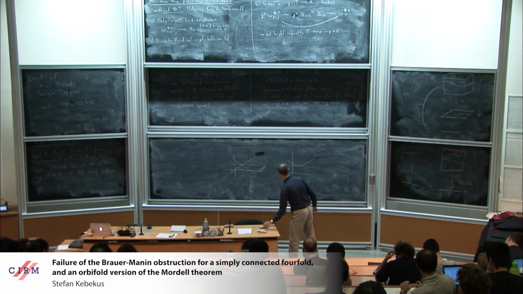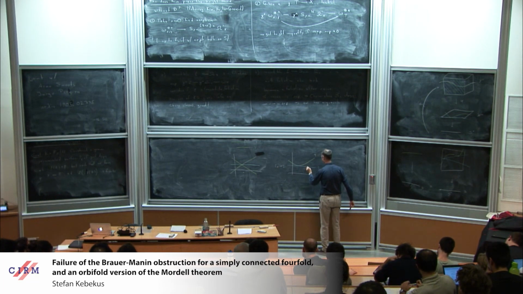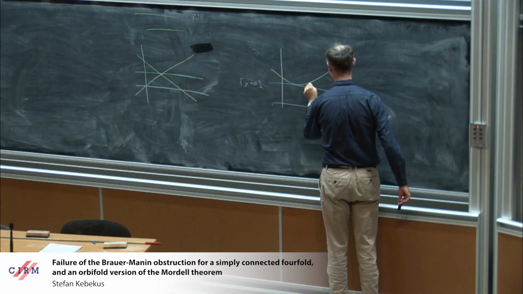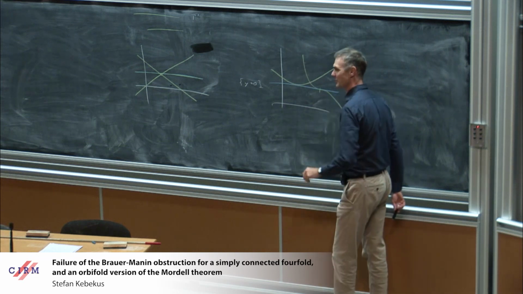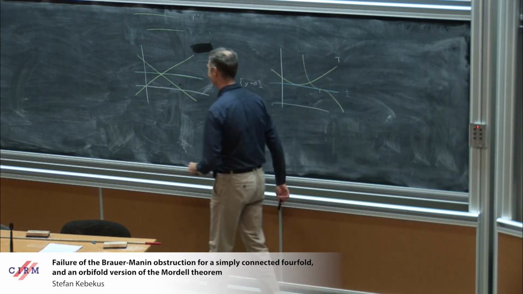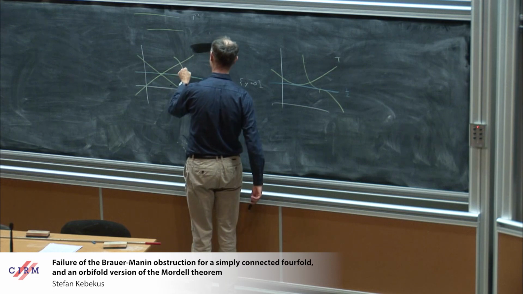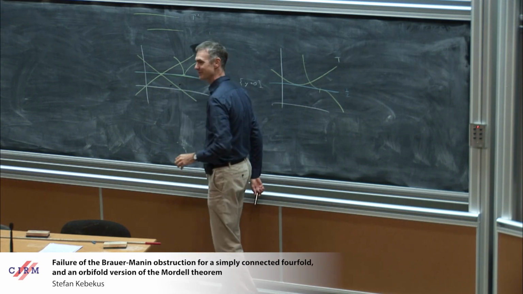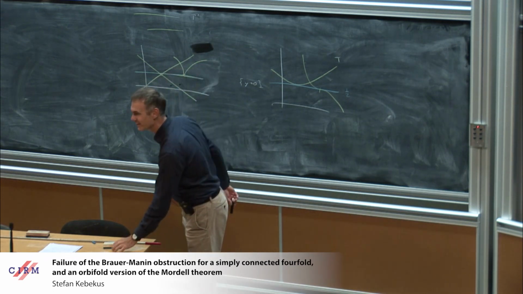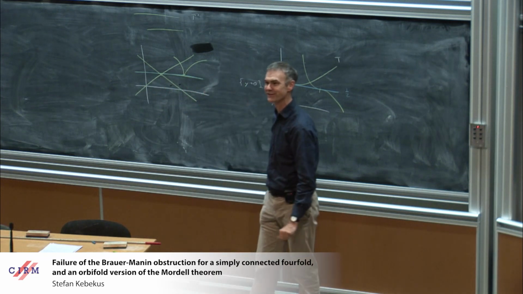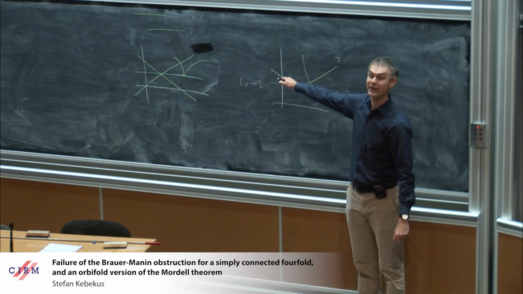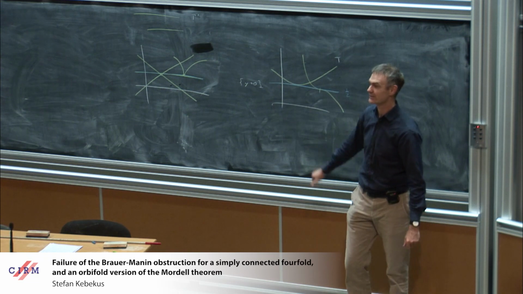Except when you have a curve that intersects to order 3, then this doesn't work anymore. You get a singular curve, and when you normalize, you change the genus. And that goes the wrong way. That screws your inequalities.